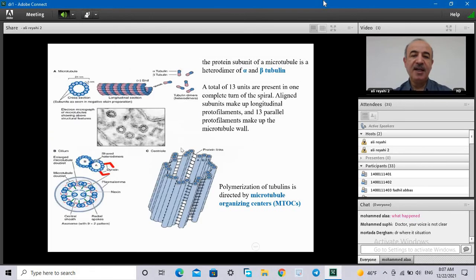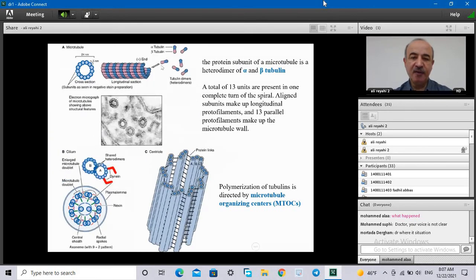Okay, look at here. The alpha-beta tubulin subunit can be added at the plus end and can proliferate and elongate the microtubule.